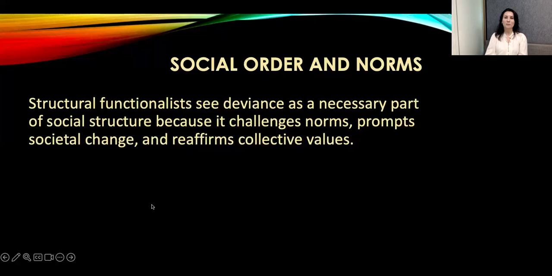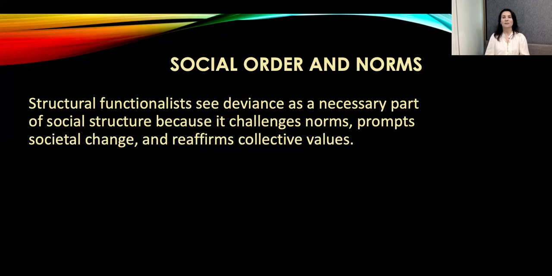So this order is maintained because these institutions work together. According to structural functionalism, we don't have to do too much to keep this order because institutions have their own norms, and by requiring us to follow these norms, they just keep the stability.